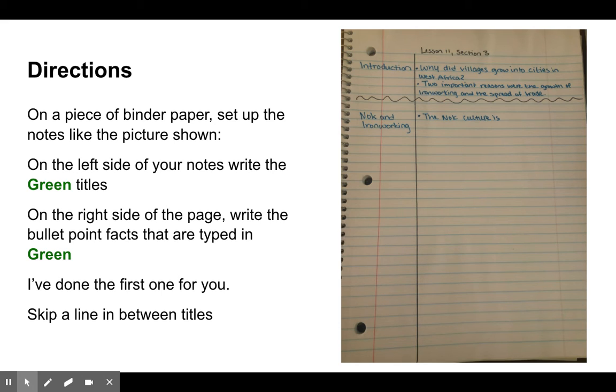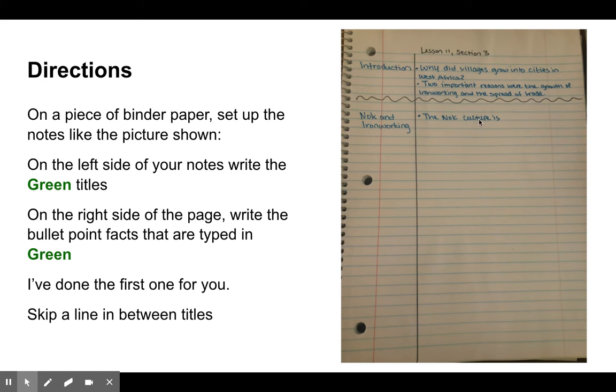As you go through the slideshow, on the left side of your notes, you're going to write the green titles. I've done 2 for you, Introduction and Knock and Ironworking. And on the right side of the page, you write the bullet point facts that are typed in green. So anything green needs to be written completely and exactly as it is in the slideshow.